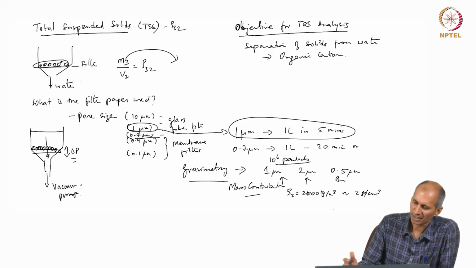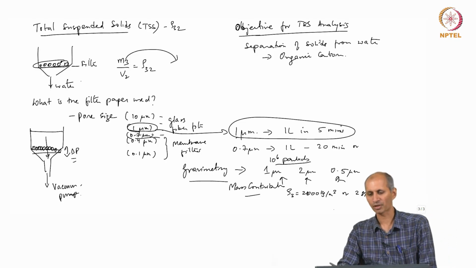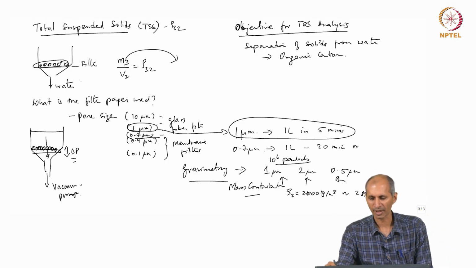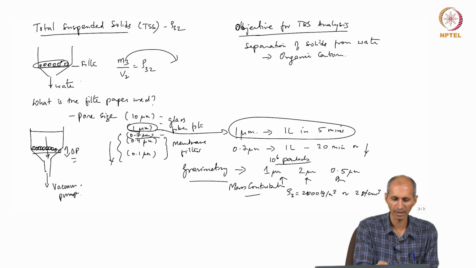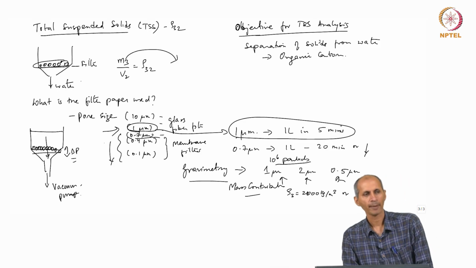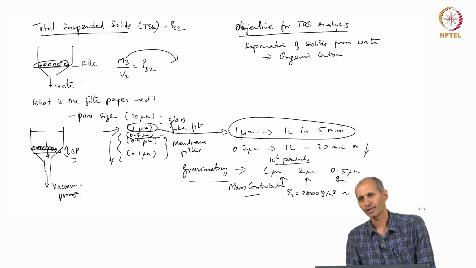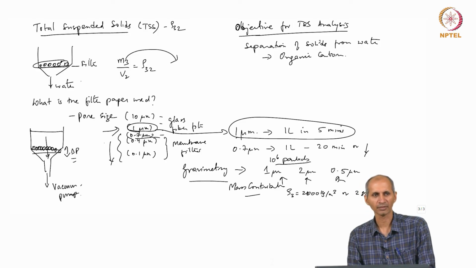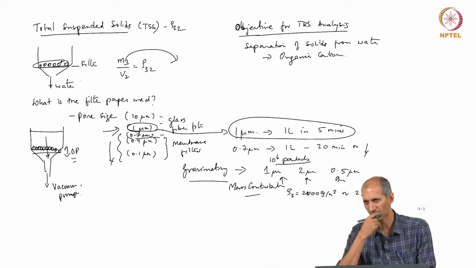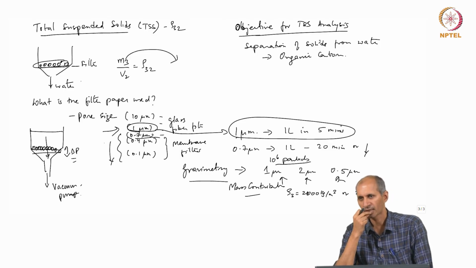While a filter of 0.7 micron and below will give you a lot more separation than a 1 micron filter, the information you get in terms of mass by gravimetry is almost negligible. You can do the calculation for yourself and convince yourself how small the loss is.